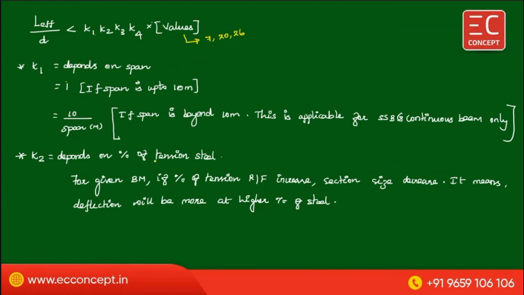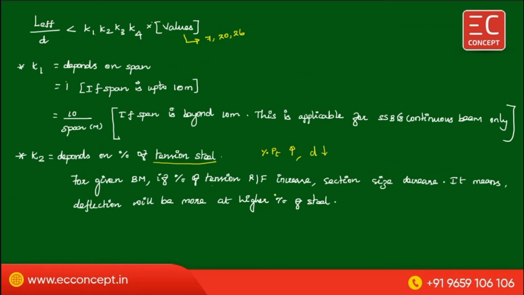K2 depends upon the percentage of tension steel. Very, very important. For a given bending moment, if the percentage of tension reinforcement increases, the section size decreases. The simple thing is, if the percentage of tension reinforcement increases, then the depth of the beam decreases.